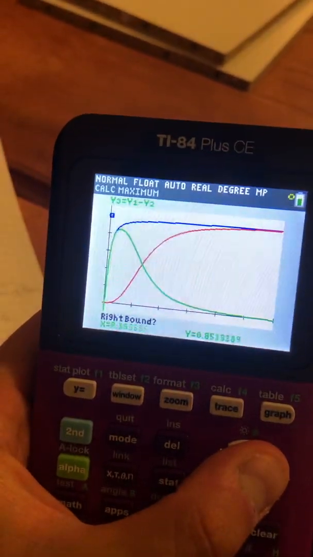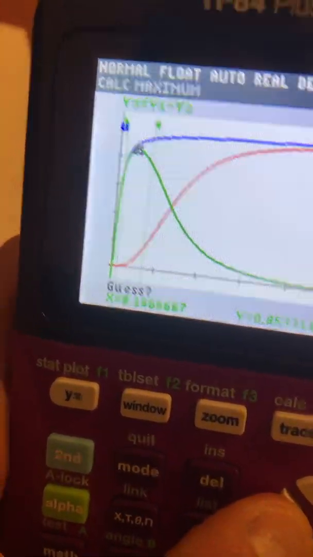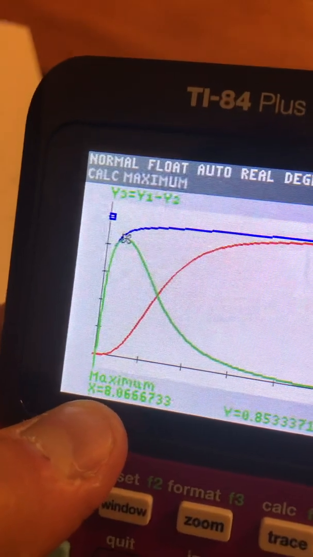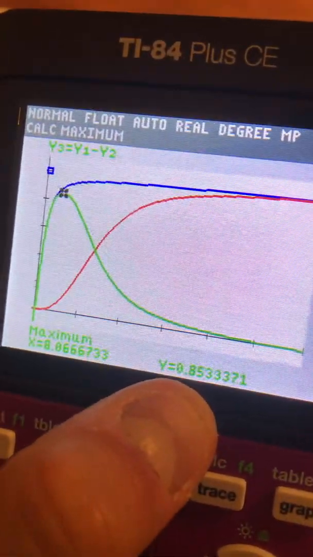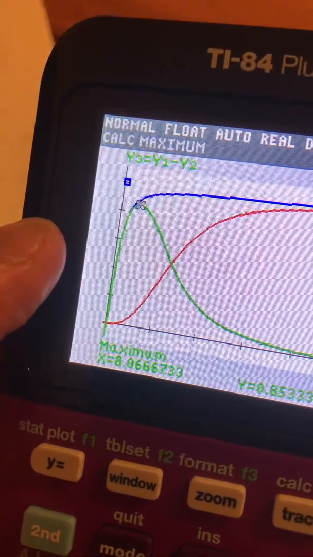And then to the right, press enter. And it's going to ask us to guess. Not super important, I always just go somewhere in the middle. Press enter again, and what you get is a value that spits out right at the top. The maximum is 8.0666, and Y is 0.8533 or 85%. So that's going to be maximum efficiency when the pressure is 8.0667 torrs.